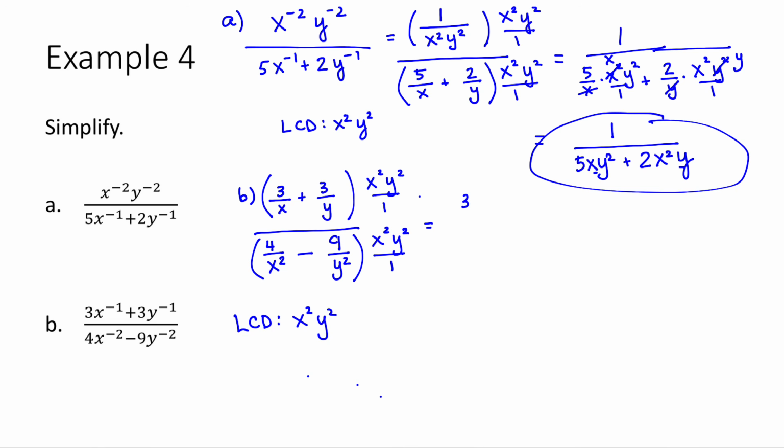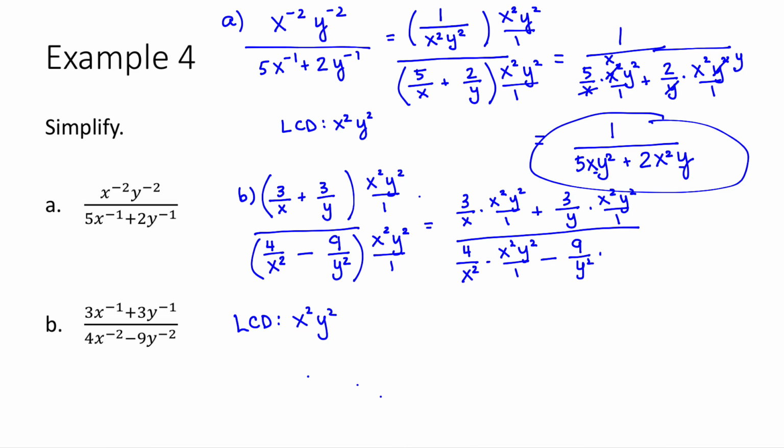All right, so now I have 3 over x times x squared y squared over 1 plus 3 over y times x squared y squared over 1. In the denominator, I have 4 over x squared times x squared y squared over 1 minus 9 over y squared times x squared y squared over 1.